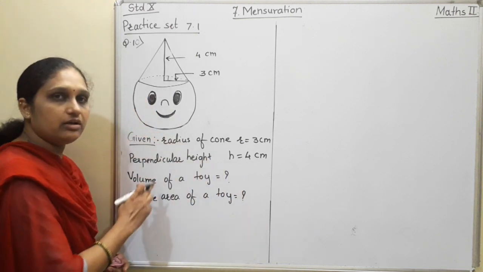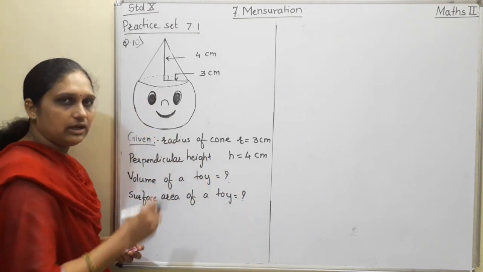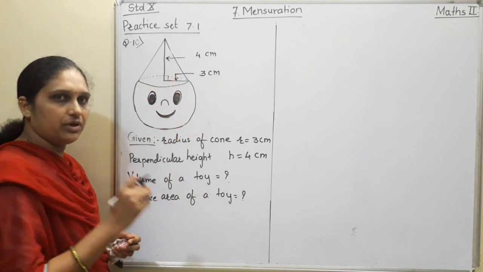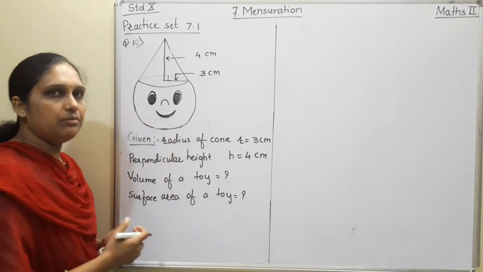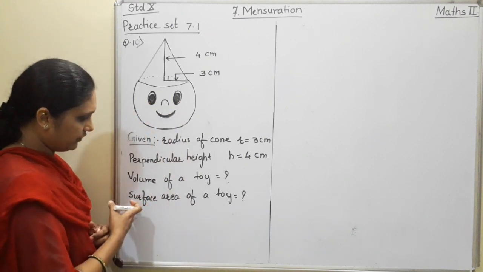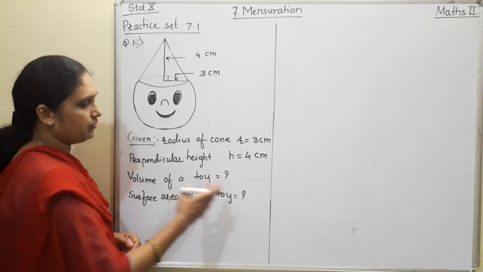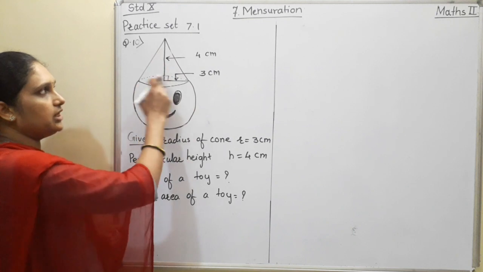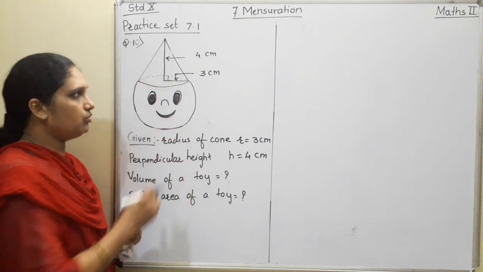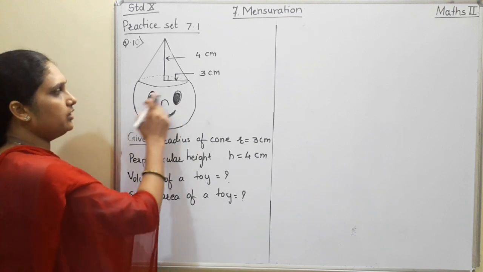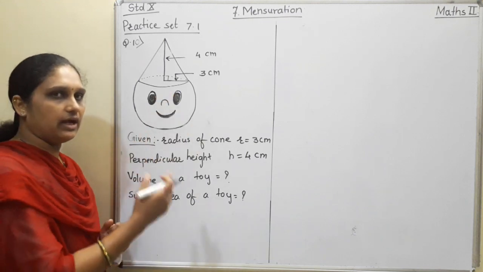When we are finding the volume of a toy, we have to find the volume of a cone plus the volume of a hemisphere. So first we'll find this volume. Then after that we'll find the surface area: surface area of the conical part of this toy, plus surface area of a hemisphere, and then we'll add it.